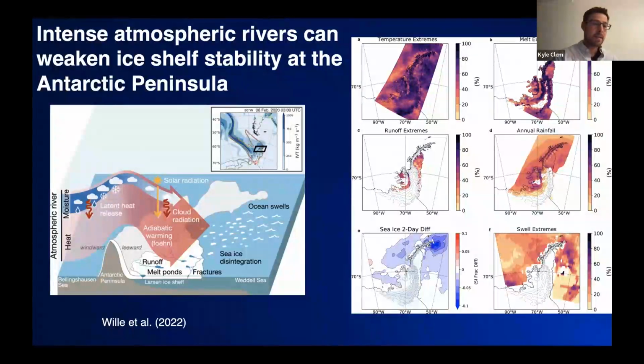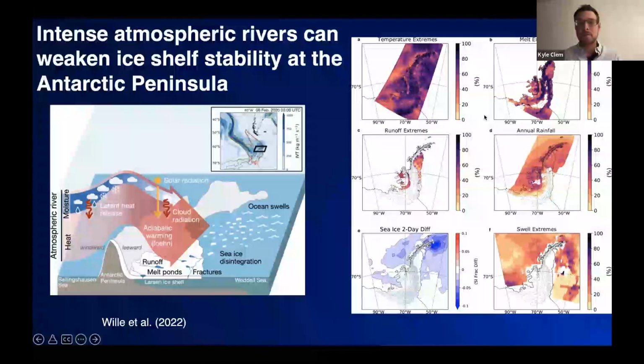And again, this is linked to this foehn mechanism, which leads to very strong warming on the eastern side. But atmospheric rivers, they found in this study, lead to intense conditions in almost all aspects that drive ice shelf stability. And so on the right here, when you have intense atmospheric rivers, this is the percentage of temperatures and various parameters that can weaken ice shelves that was occupied by 99.9 percentiles.